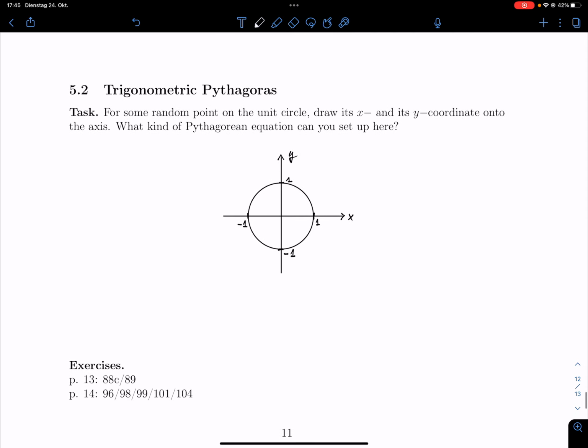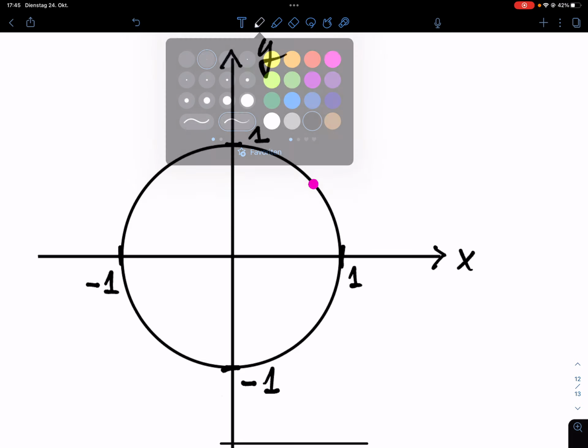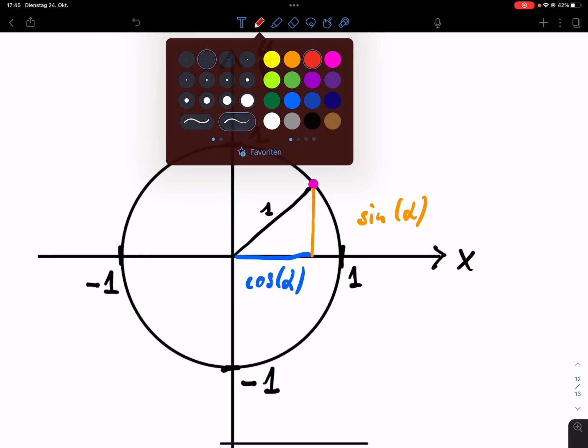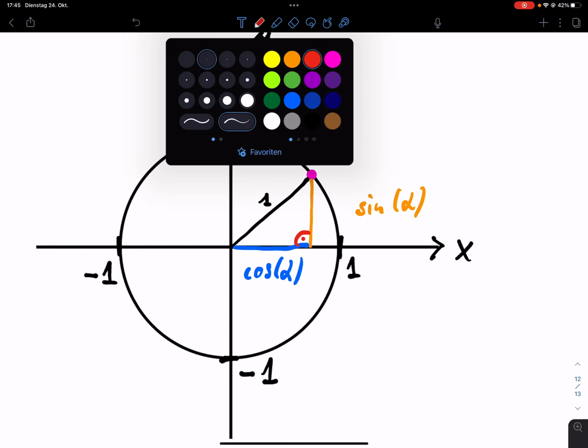Last but not least, you have the trigonometric Pythagoras. Here you have another kind of identity that holds for any value of alpha. So you do your setup again with sine of alpha, cosine of alpha, and the unit circle. And here what you need to realize is pretty simple, just that we've always looked essentially at a right-angled triangle. And in a right-angled triangle, we know that the Pythagorean theorem holds.